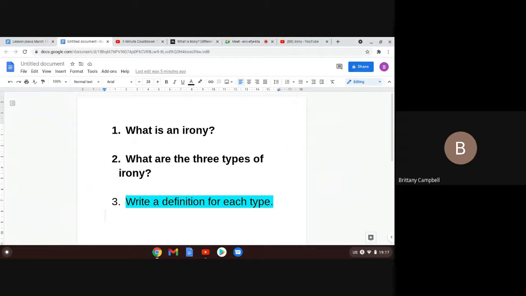Any of us came up with a definition? No? Yes? Okay, so you're saying for the verbal irony, it makes reference to what? Okay, you're saying the opposite of what is meant. All right, so keep your information there.